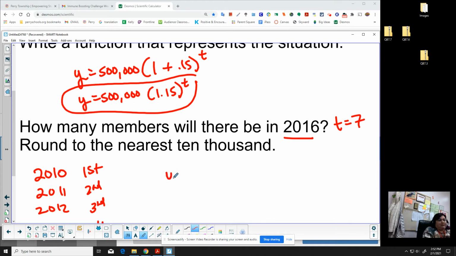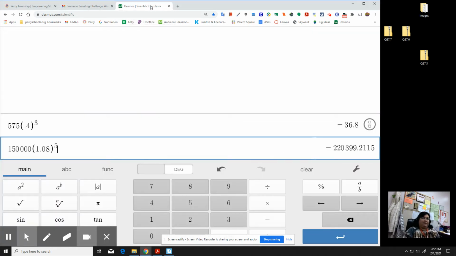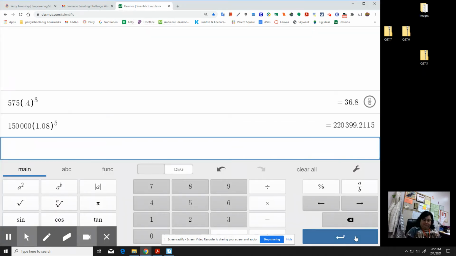So we're plugging it in. So y equals 500,000 times 1.15 to the 7. So let's type that in. 500,000 times 1.15 raised to the 7. Remember, we know that number is going to go up because it's growth. So it goes up to 1,330,009.